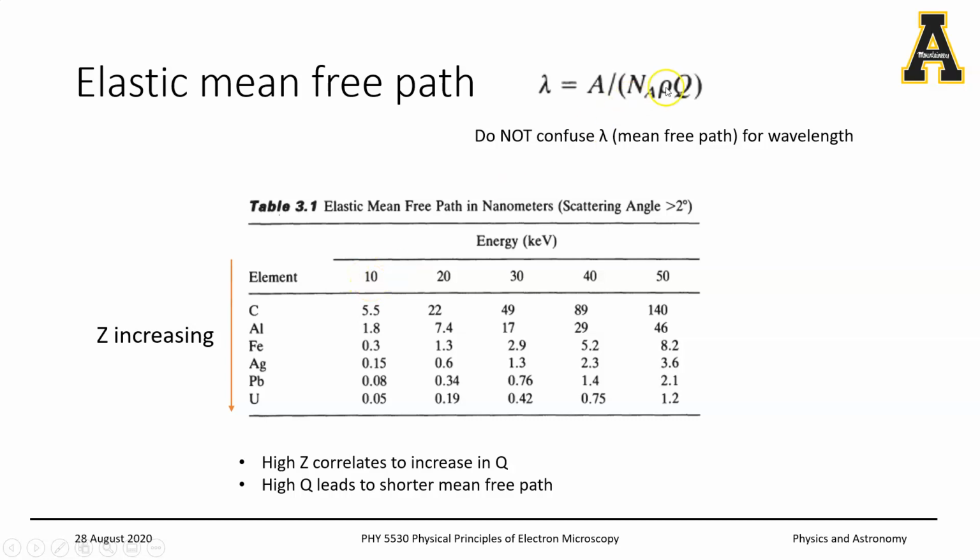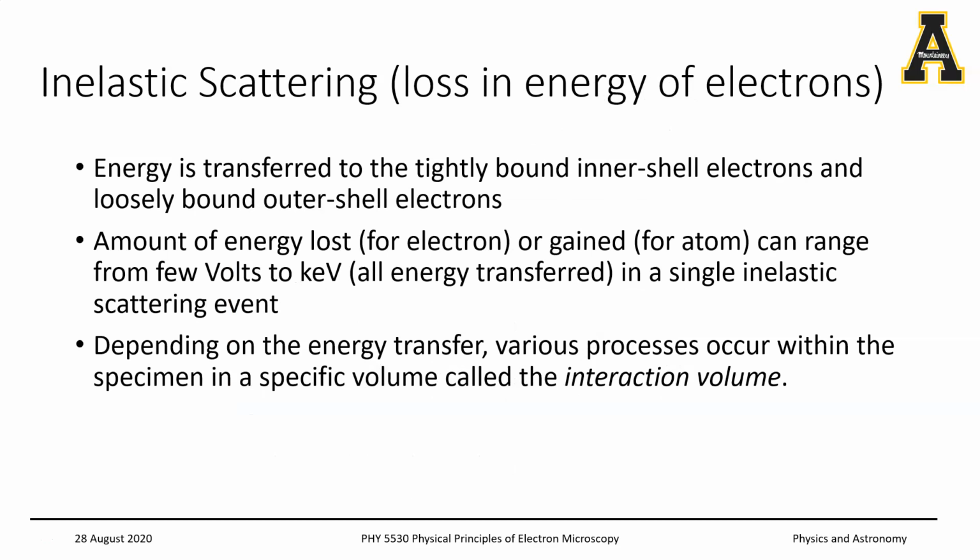Makes sense because the scattering cross section here is going to be much smaller for carbon, whereas for uranium it's very high. Obviously the mean free path, which is inversely proportional to the scattering cross section, is much lower in uranium, right? So high atomic number correlates to an increase in the scattering cross section. But if the scattering cross section goes up, that means the mean free path is going to go down. Make sense? Okay. So let's move on to inelastic scattering.